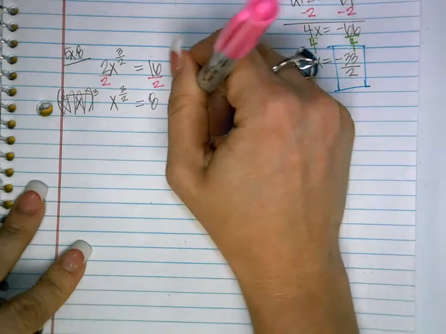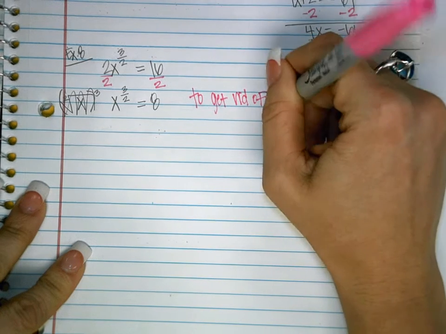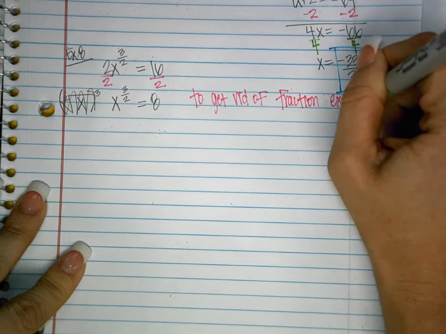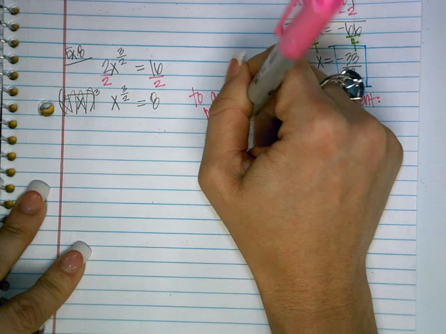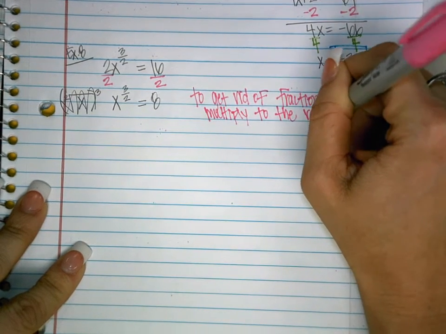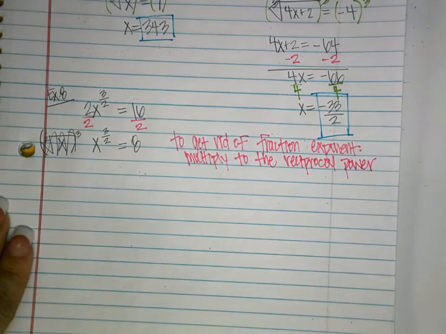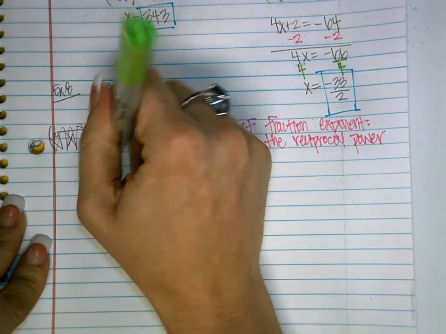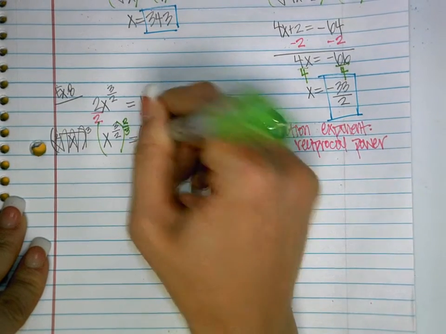So to get rid of a fraction exponent, you want to multiply to the reciprocal power. So what's the reciprocal of 3 halves? 2/3. So you're going to take both sides to the 2/3 power.